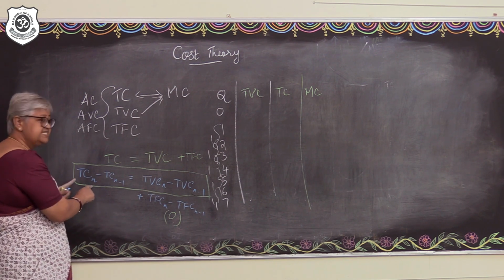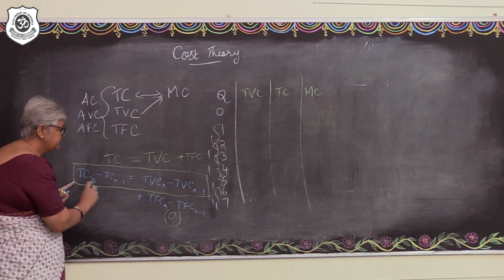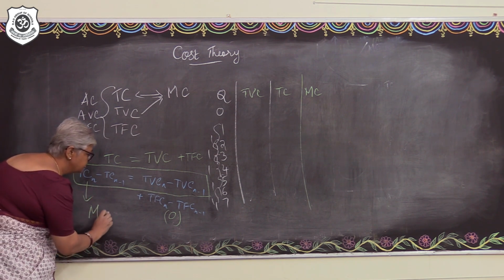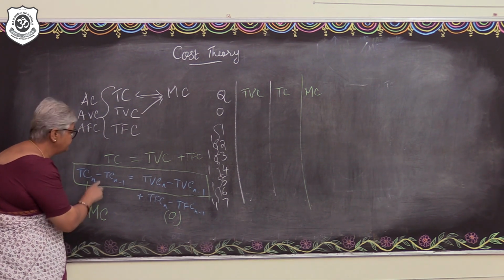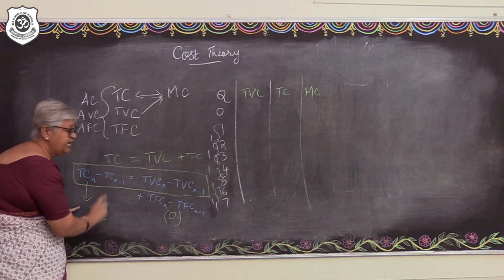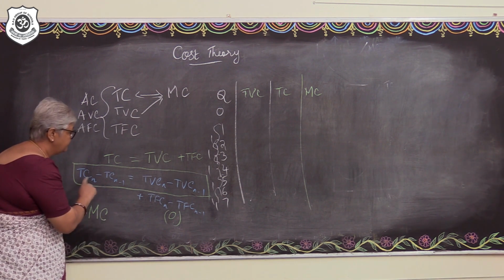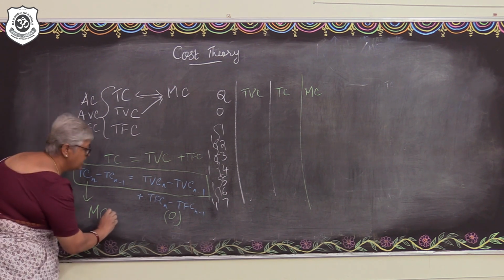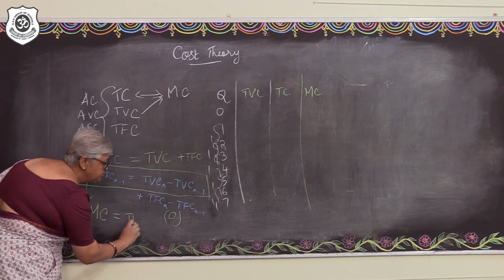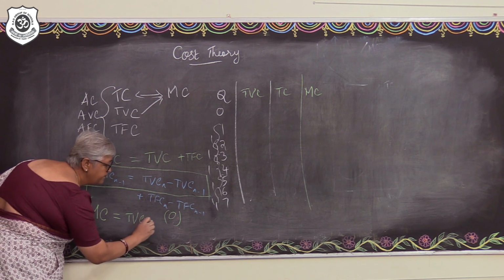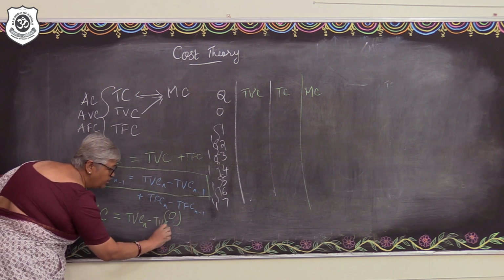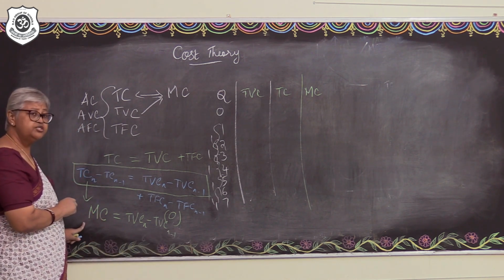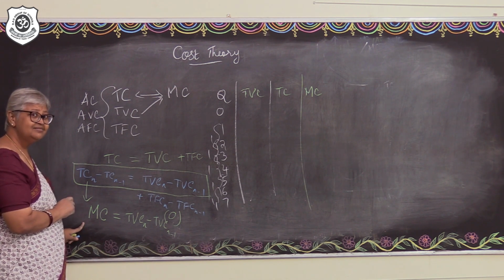Right? Now, look at this. This is a familiar term to you, isn't it? TCn minus TCn-1 is nothing but the marginal cost. Get it? So this is nothing but the marginal cost. So MC is going to be equal to the change in the TVC, or TVCn minus TVCn-1.